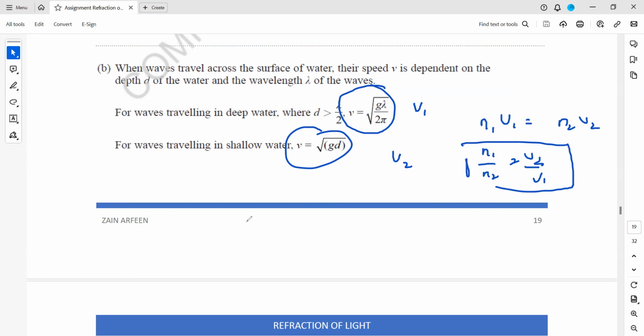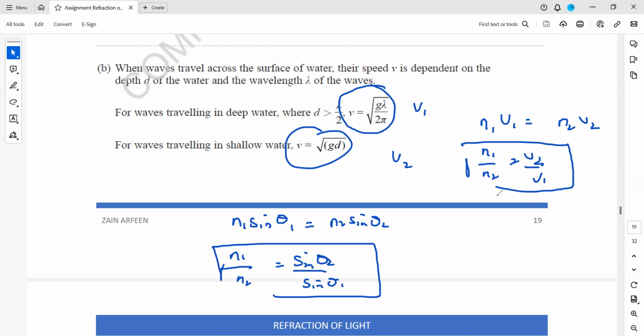There is also another formula, n1 sine theta 1 equals n2 sine theta 2. If we simplify it, n1 over n2 equals sine theta 2 over sine theta 1. If I compare these two formulas, I get a relation between the speeds and the angles: v2 over v1 equals sine theta 2 over sine theta 1.